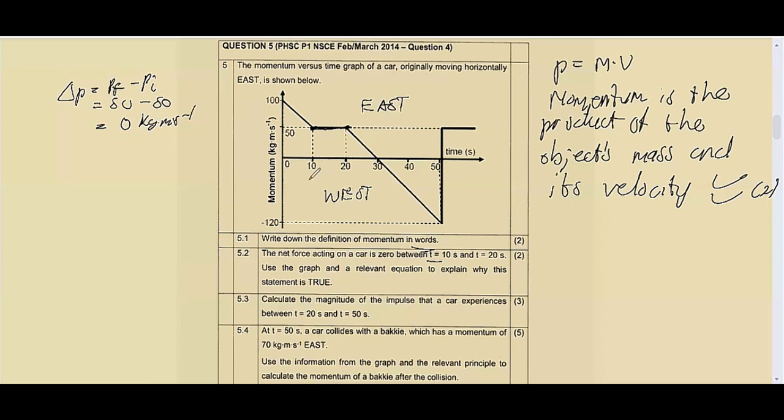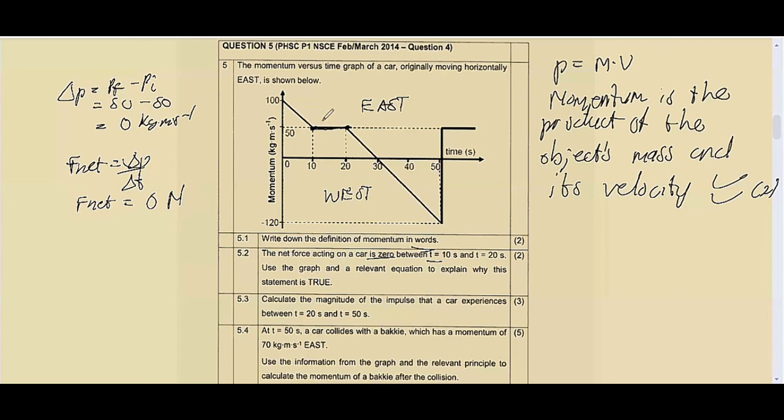So constant momentum means that our change in P is equal to 0. But remember, F net is given as change in P over change in T. So if our change in P is equal to 0, that means our F net will be equal to 0 newtons as well. So that is why we can see that our net force there is 0. So we have proven, using the relevant equations, that the statement is true.